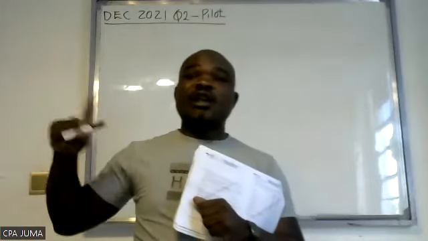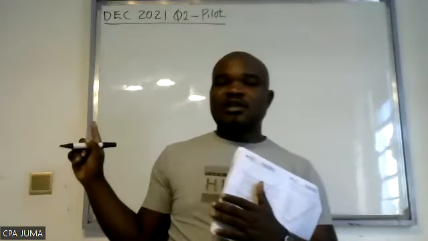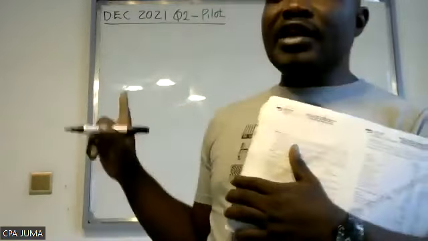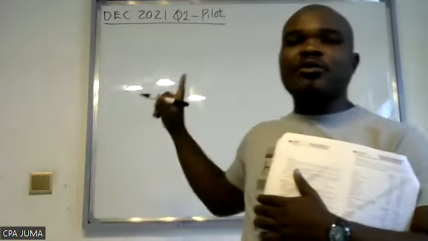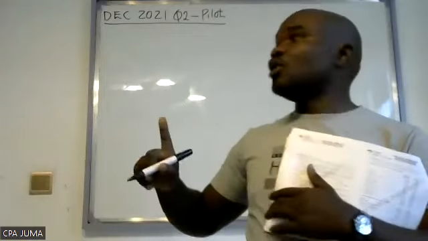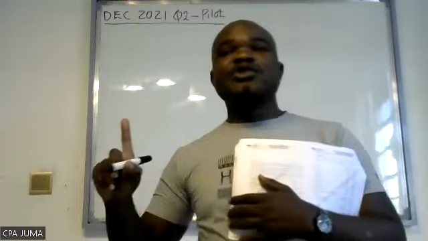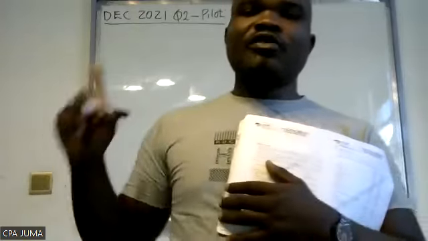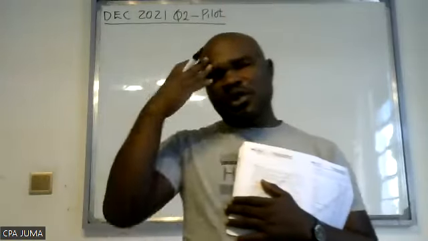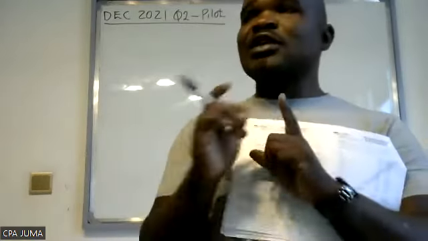Expected credit loss we're supposed to capture as an expense in the financial statements. ECL, you make it as a provision. Provision will be recognized as an expense. Expenses will reduce profits. The lower the profits, the lower the tax.